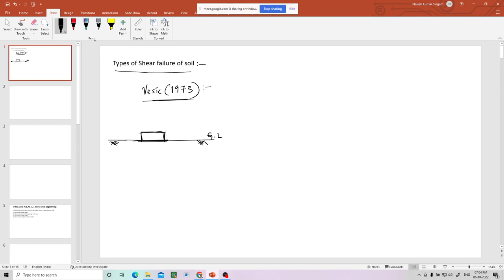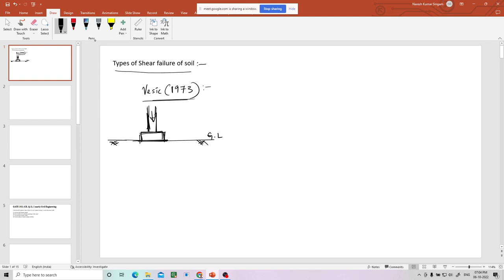So a footing is a part of the substructure of a building or any structure, and it transfers the column load to the soil over a wide area.